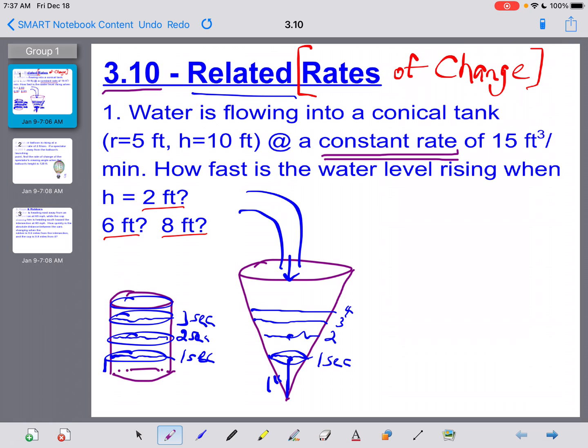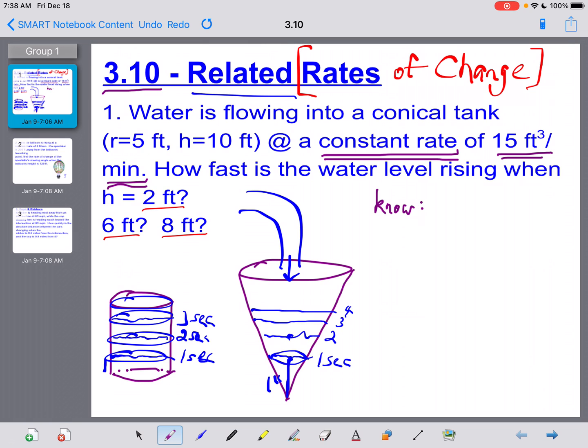So what's going on here, guys? We've got water flowing into a tank at a constant rate of 15 cubic feet per minute. Now that is a rate of change, everybody, cubic feet per minute. And it's a derivative, therefore, and it's one that we were given. So I always like to start these problems by writing out what derivative we know. And 15 cubic feet is a measurement of volume.